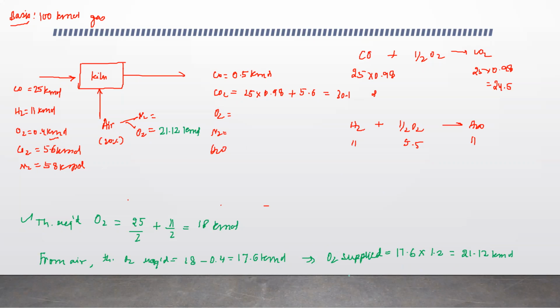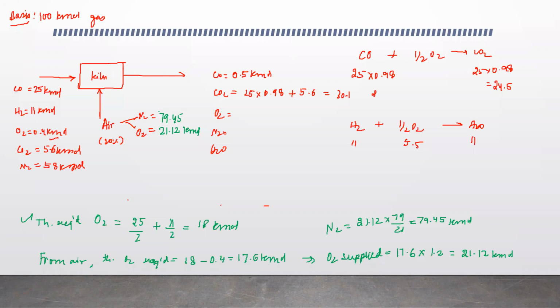And nitrogen supplied is going to be 21.12 into 79 by 21. So nitrogen supplied is 79.45 kilomoles, right? So that's going to be here 79.45 kilo.